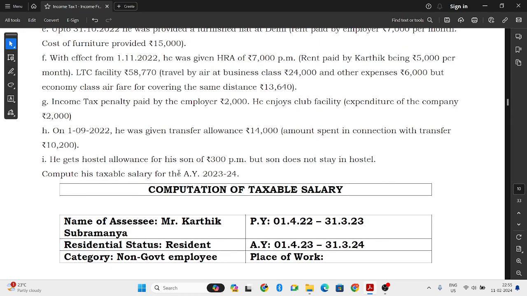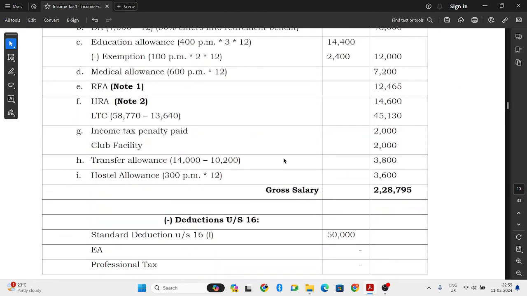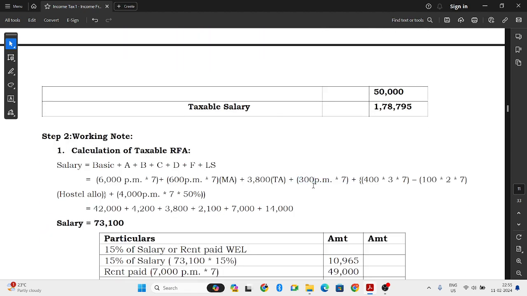He gets hostel allowance for his son of 300 per month, but the son does not stay in the hostel. So when he is not staying in the hostel, he doesn't get any deduction. So basically, we take the full amount. So he is not getting any exemption. So 300 into 7 is the hostel allowance. That is how we got it, what they have given in the bracket.